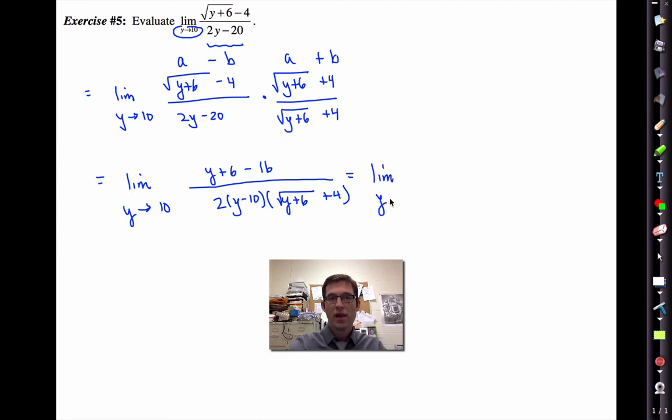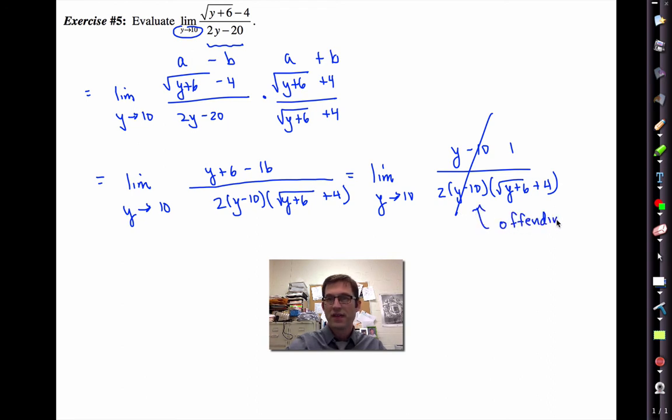Keep going. Limit y goes to 10. Y minus 10 now in the numerator. 2 times y minus 10 times root y plus 6 plus 4. And they're gone. The offending factor, that's what I call it. The offending factor has canceled. Right?